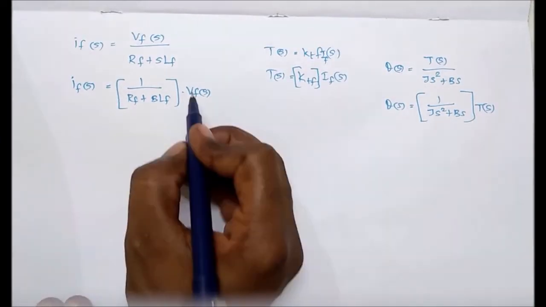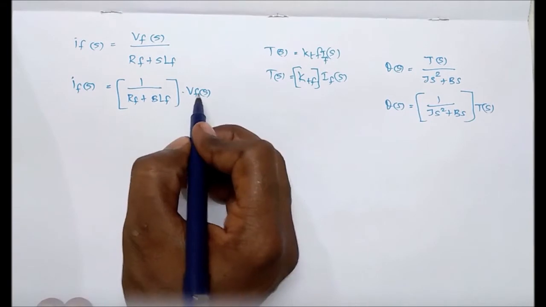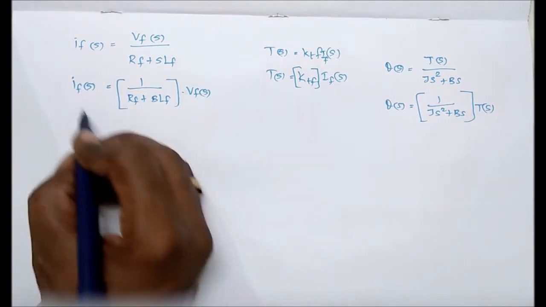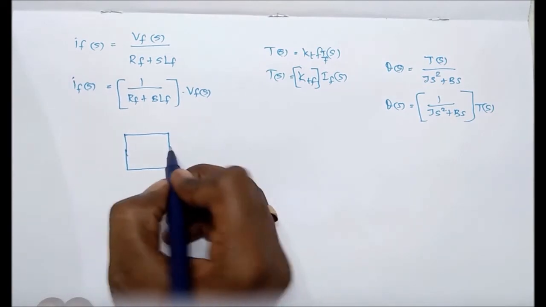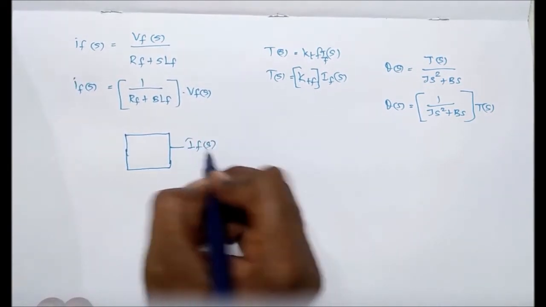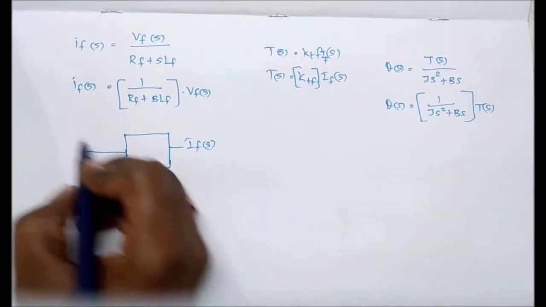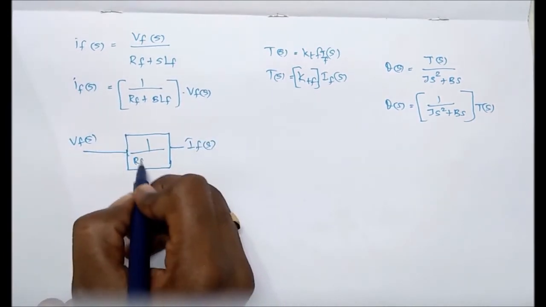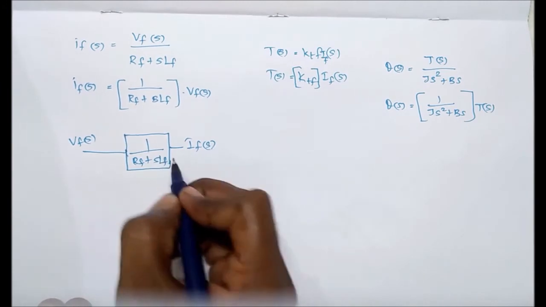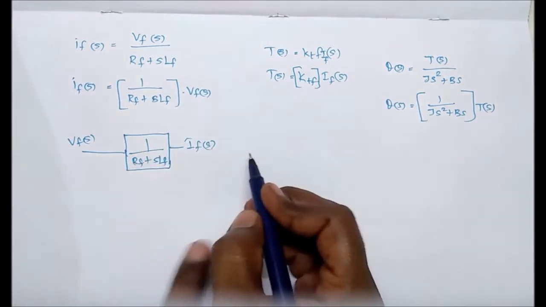For the first, the input is Vf of S and the output is If of S. Therefore, output If of S equals Vf of S into this gain, 1 by Rf plus S into Lf. This is the individual block for this equation.